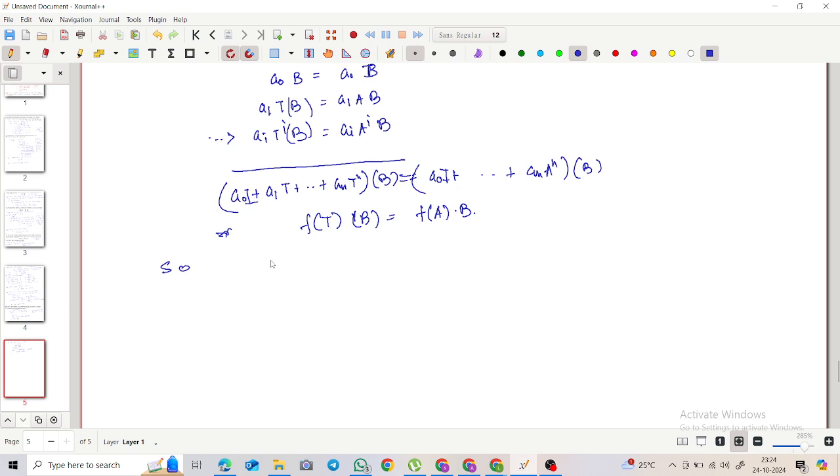So if you take f to be, let f equal P_A(x). So write that P_A(T)(B) is nothing but P_A(A) times B. But what is P_A(A)?